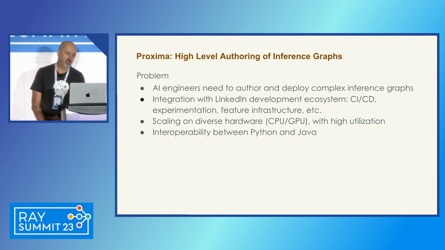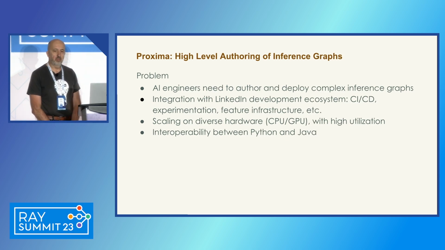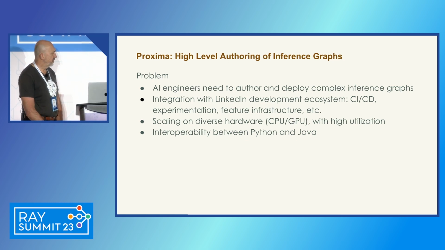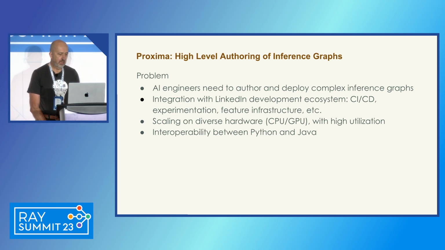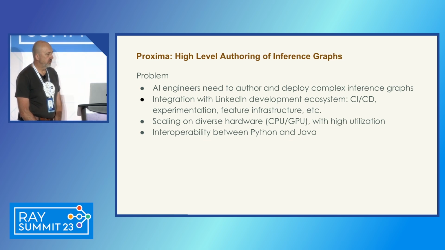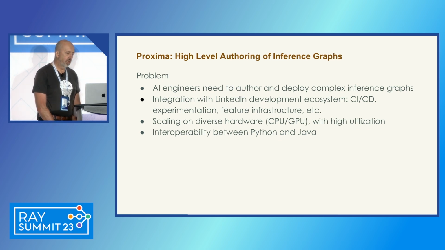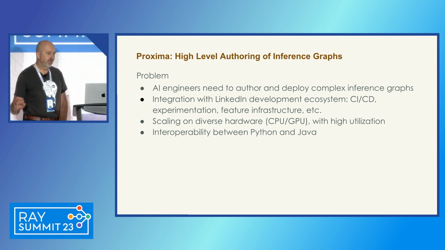Of course, we want this to be tightly integrated with the whole development ecosystem: CI/CD pipelines, experimentation systems, feature infrastructure, and all the pieces of infrastructure that we need to make it work. We need to scale on CPUs and GPUs. And GPUs, as we know, are really hard to get and expensive, so we want to utilize them to their full power. And we need a lot of technical understanding of how to do that.